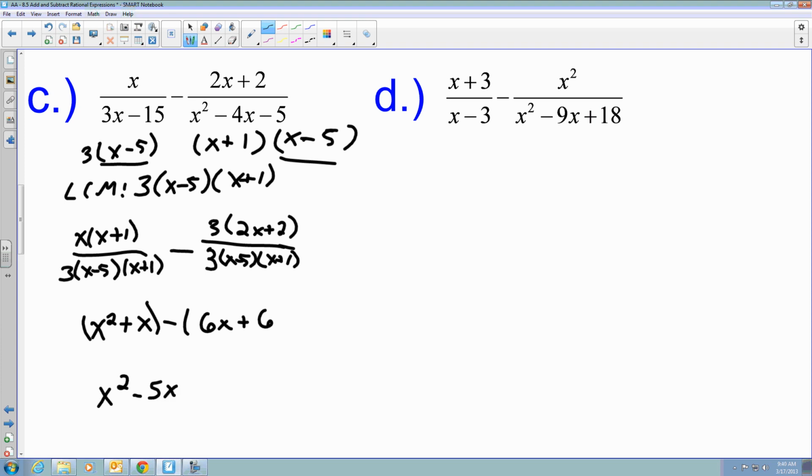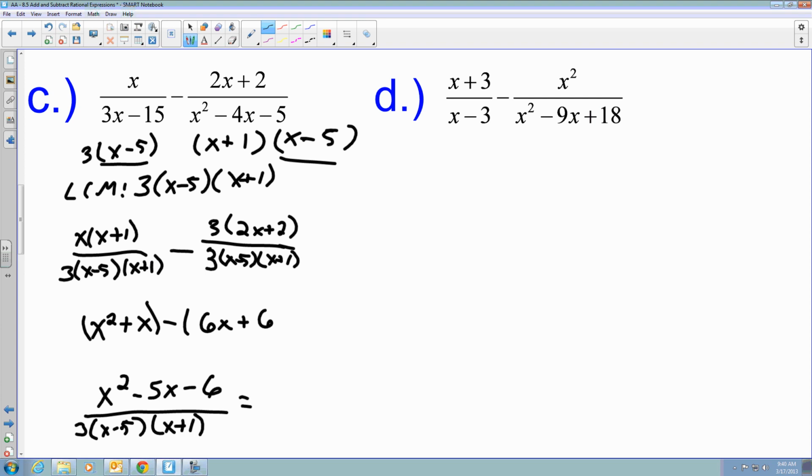And I'm left with a negative 6, all divided by 3 times x minus 5 over x plus 1.